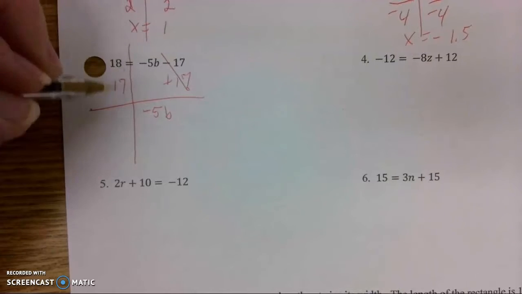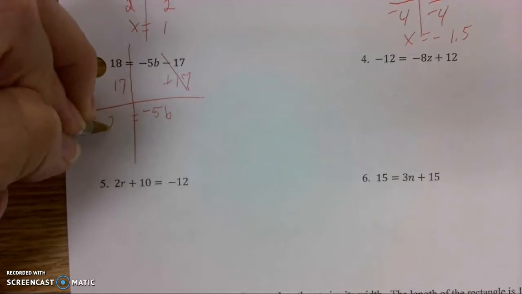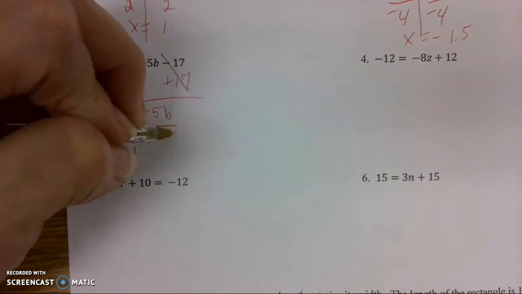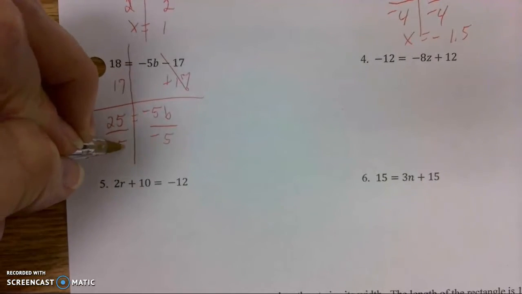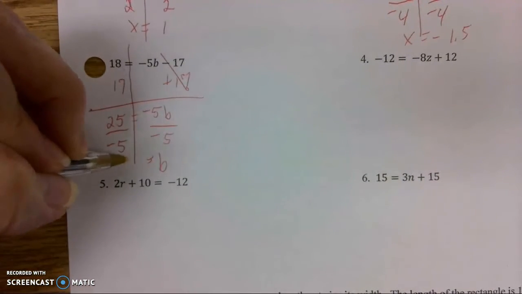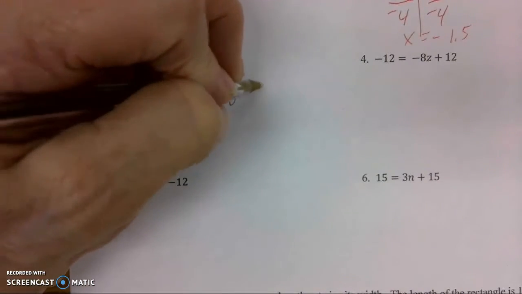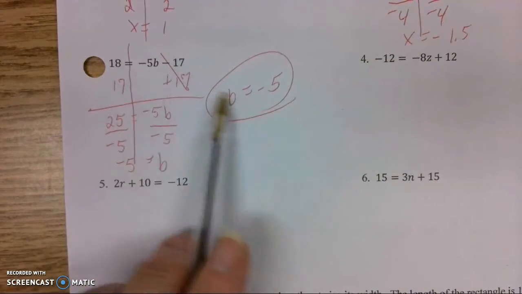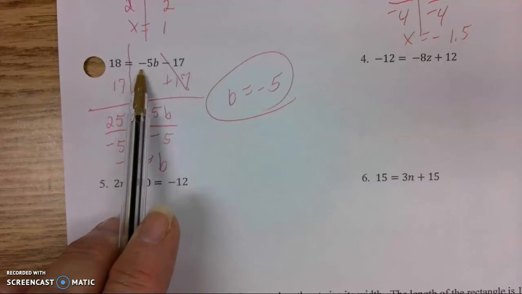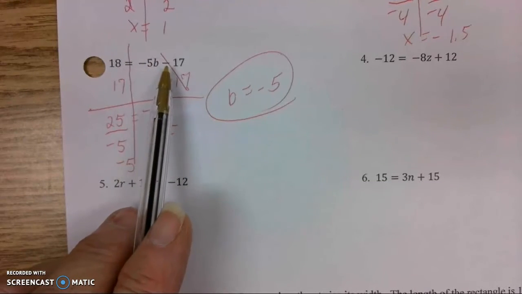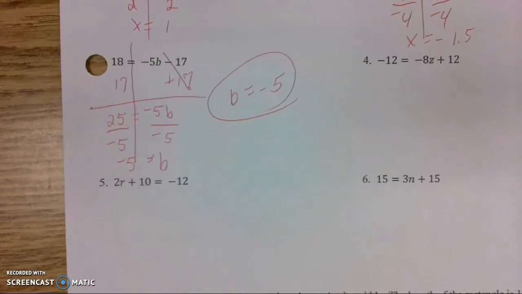When I add 18 and 17, that equals 25. The inverse of multiplying is to divide. So I'm going to divide both sides by negative 5. b is equal to negative 5. Again, you can always test it by putting it back into the equation. Negative 5 times negative 5 is positive 25, minus 17 is 18.